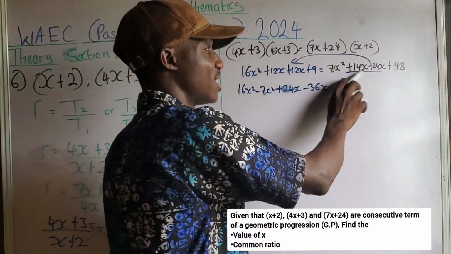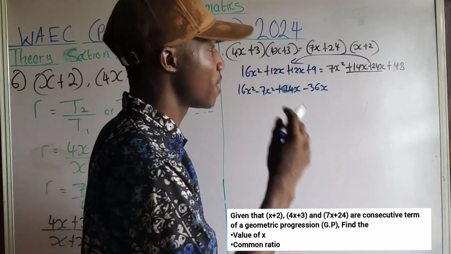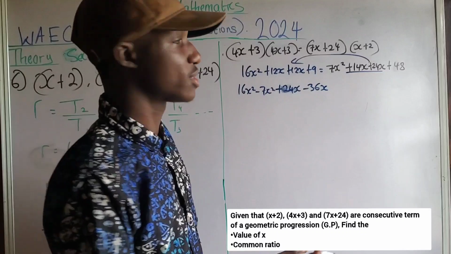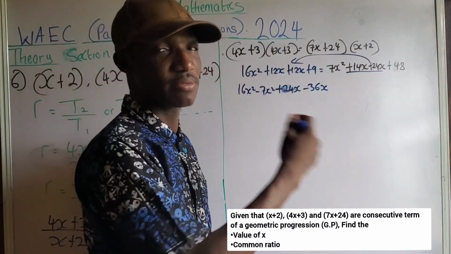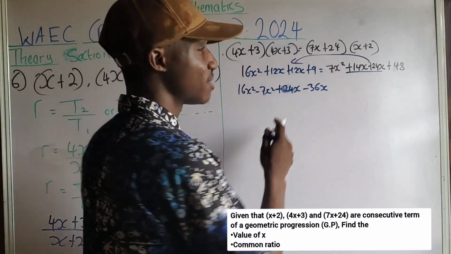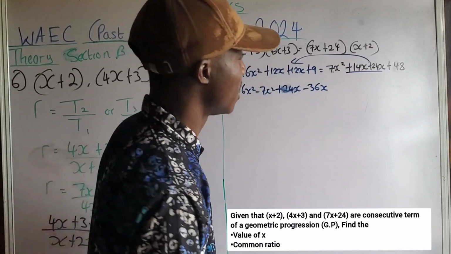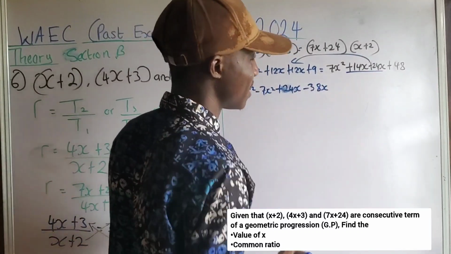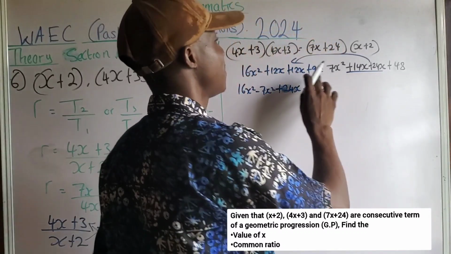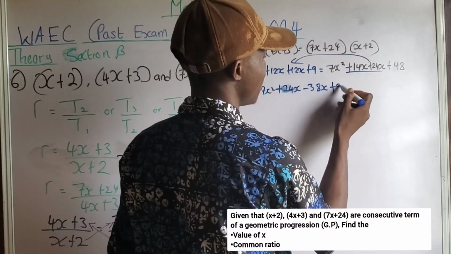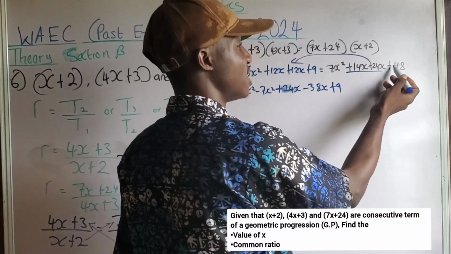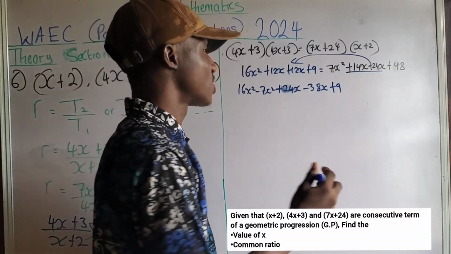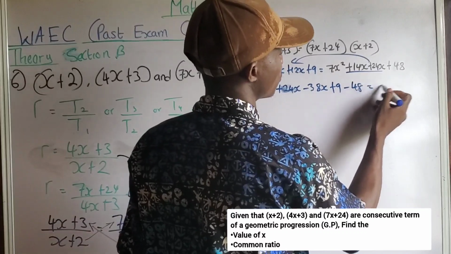Because I have to take all this to the left hand side of the equation, I'm going to have negative 38x. Then for the last one, we have plus 9, and then we have plus 48. If this plus 48 crosses the equals to sign, we are going to have a negative. So I'm going to have minus 48 equals to 0.